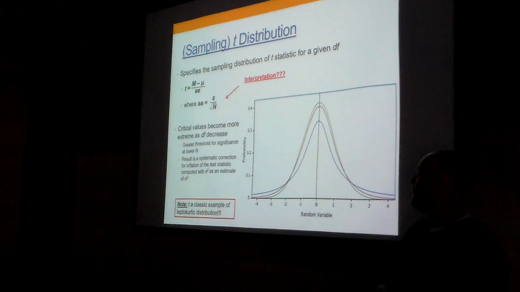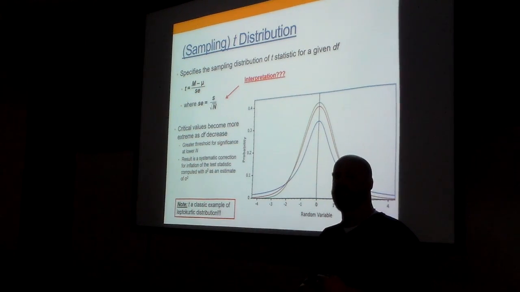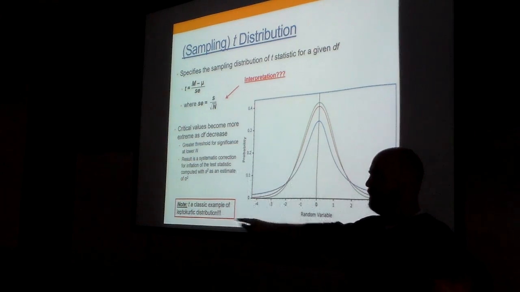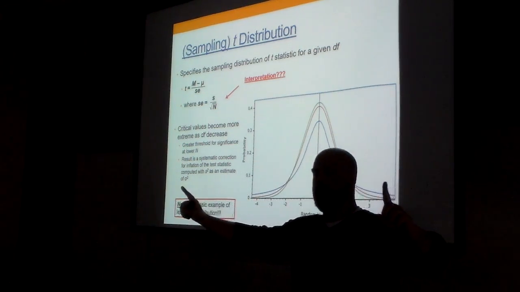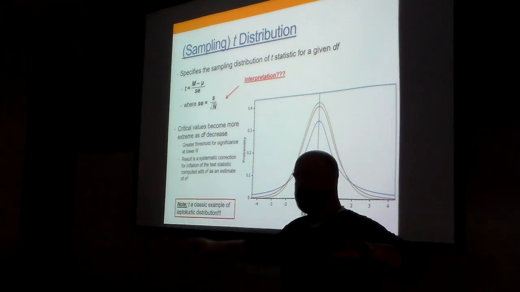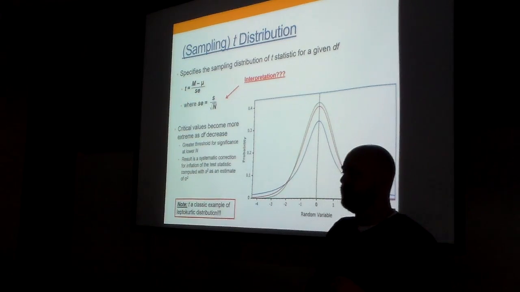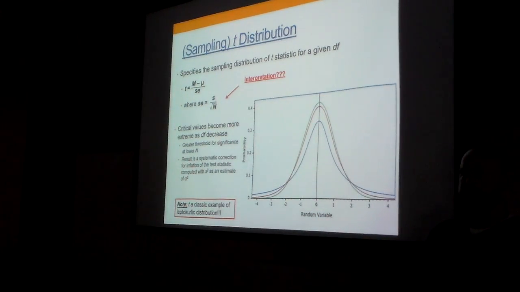So the t distribution is classic positive kurtosis. The normal distribution has zero kurtosis. T distributions are peaked, with thick, flat tails that go out. So if you want to get a sense of what positive kurtosis looks like, just look at a t distribution with low degrees of freedom. That's positive kurtosis.